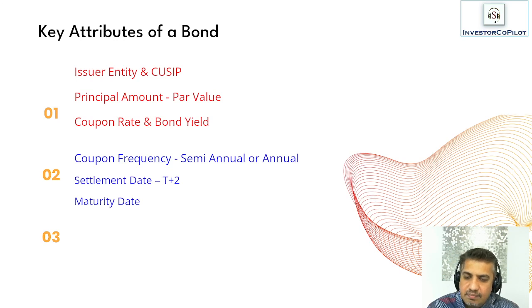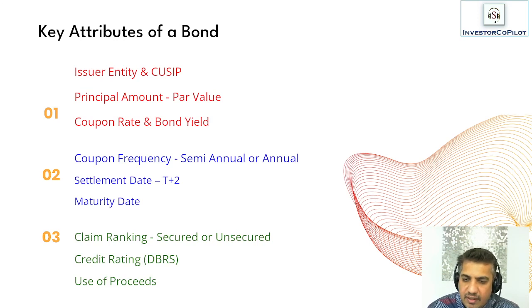Settlement date is generally T+2 for a bond. This is the date at which you receive the bond in your portfolio, and it's generally settled in 2 days. And this is the date that your interest calculation starts. Maturity date of the bond is the date declared by the issuer on which day the bond matures, and you get paid back in full.